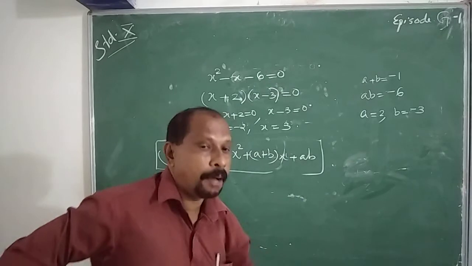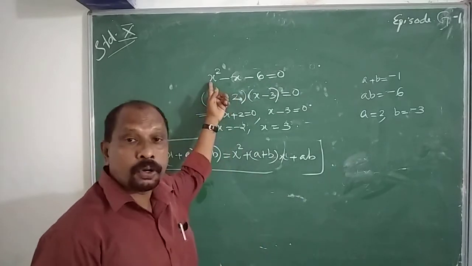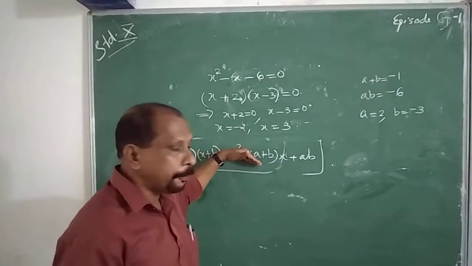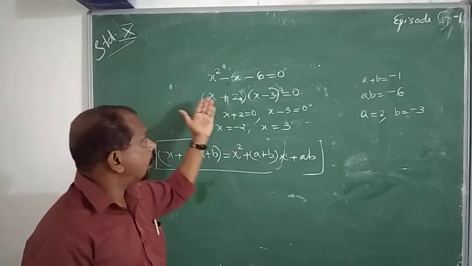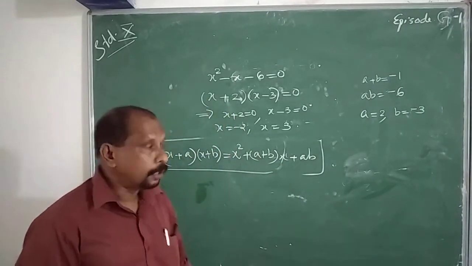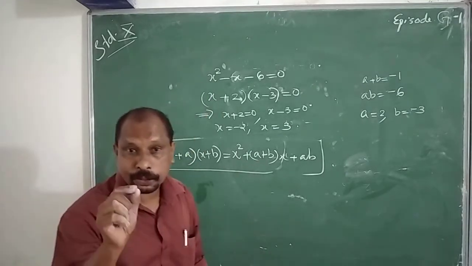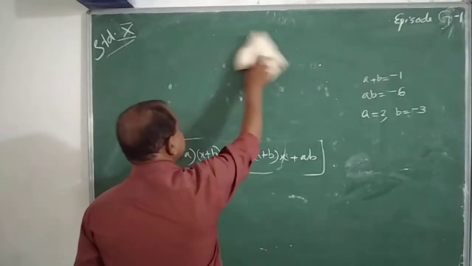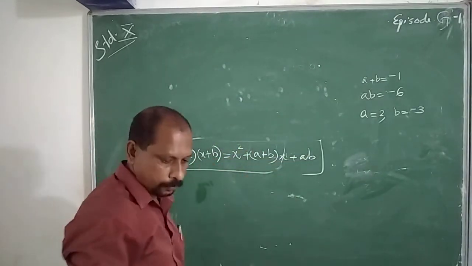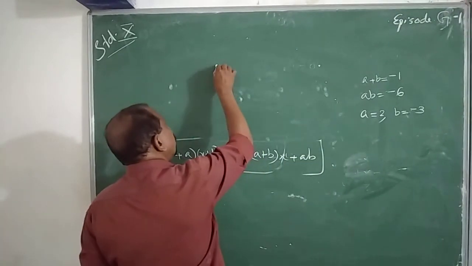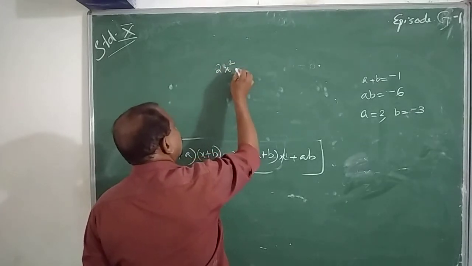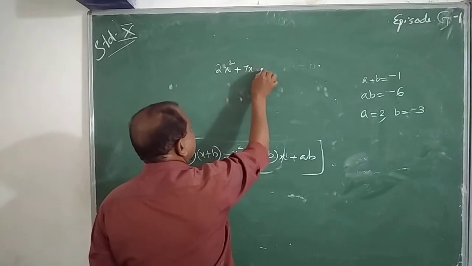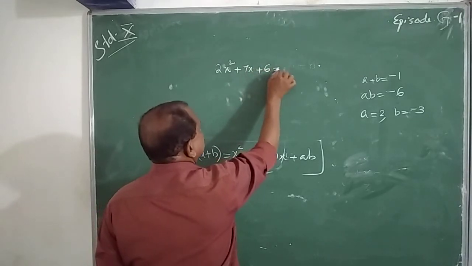In all these examples, the coefficient of x square is 1. Then, similarly, let us consider another quadratic equation, but the coefficient of x square is not 1. For example, 2x square plus 7x plus 6 is equal to 0.